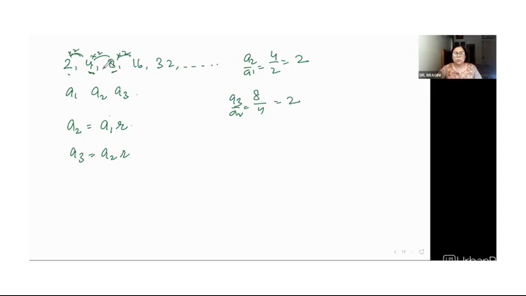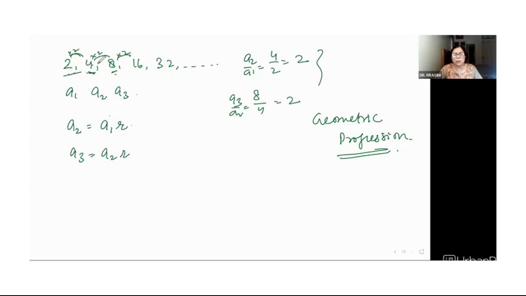If the common ratio between two consecutive terms is the same throughout, it is called geometric progression. Geometric progression, right?